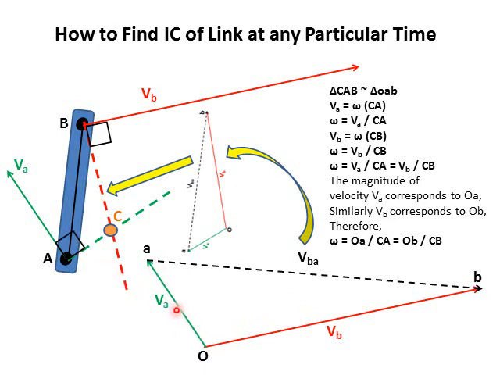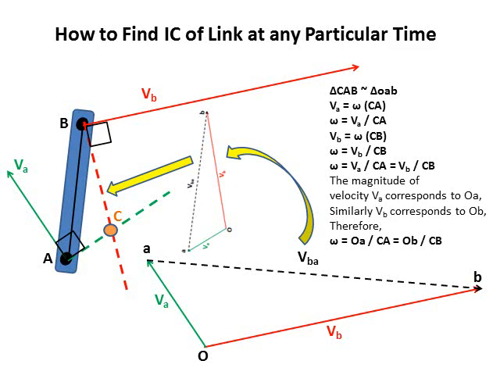So this VA is the same as this VA, so there is no difference. The magnitude of velocity VA is defined by O to A. So the distance from O to A will give the magnitude, and the direction of velocity is in this way.